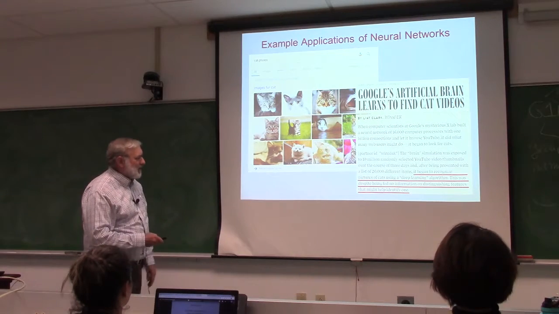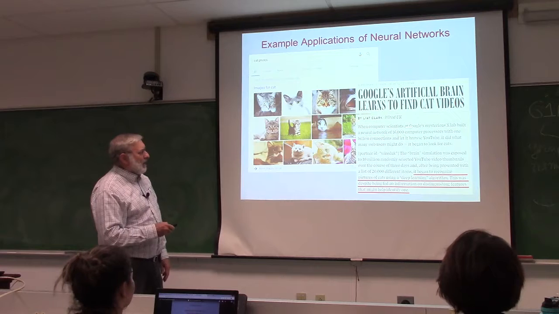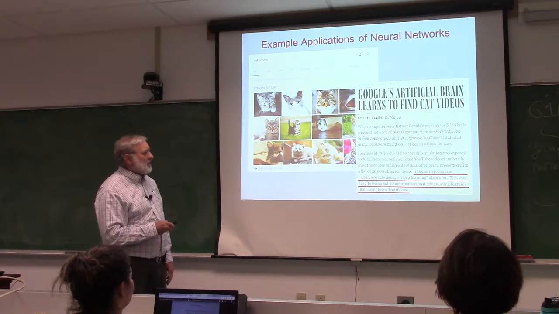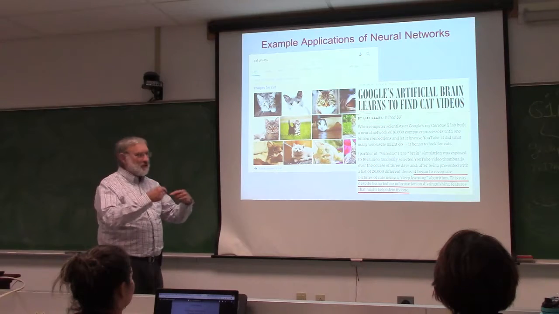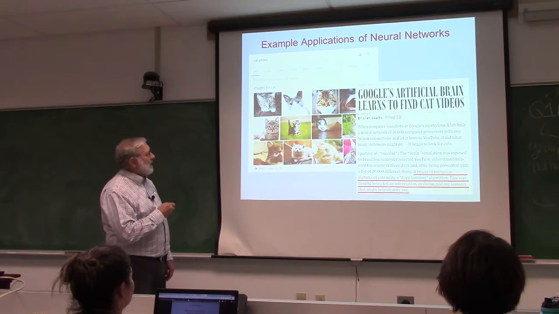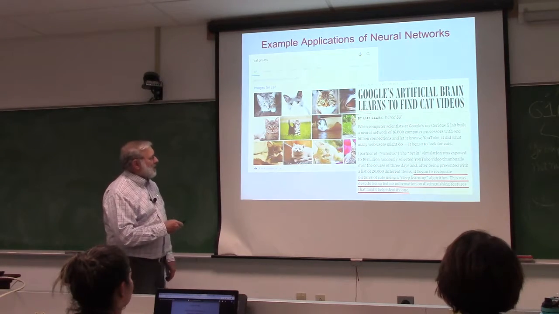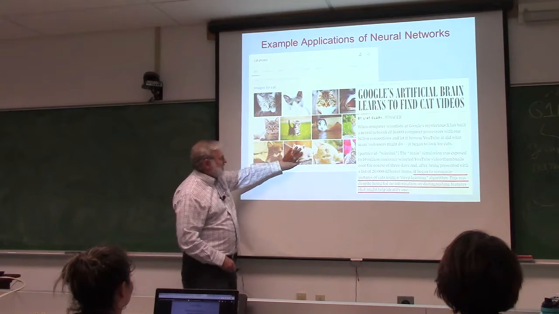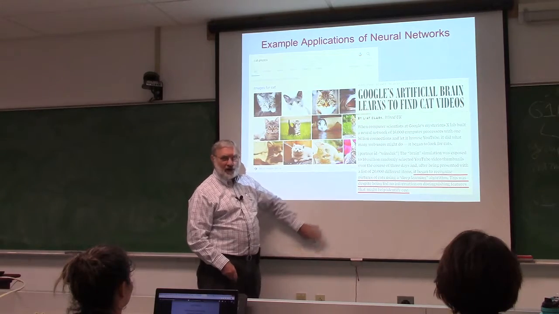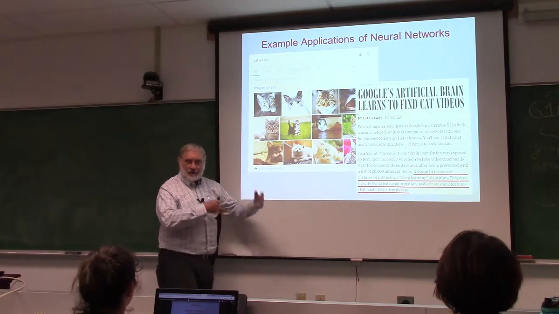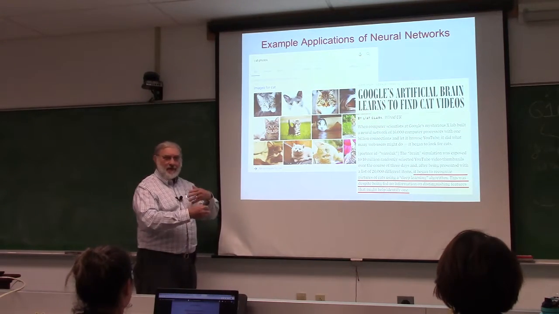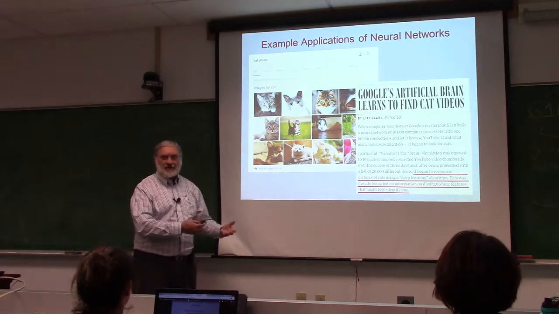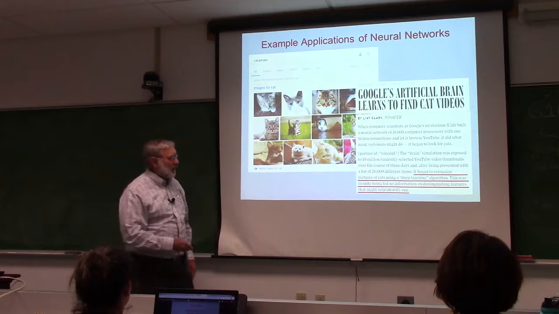And it says here that they have a neural network of 16,000 processors with 1 billion connections between them, and they let it look at a YouTube data set where somebody has sat down and said, this is a cat, this is a cat, this is a dog, this is a cow, and you'll see how this works in a minute. And the neural network basically then learned how to recognize cats as being something different from dogs.